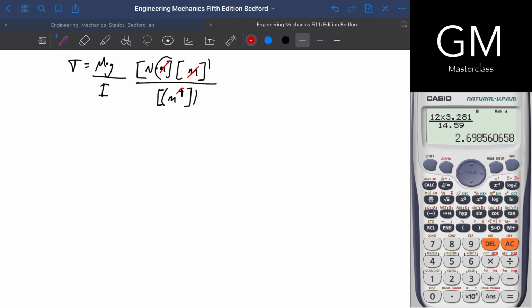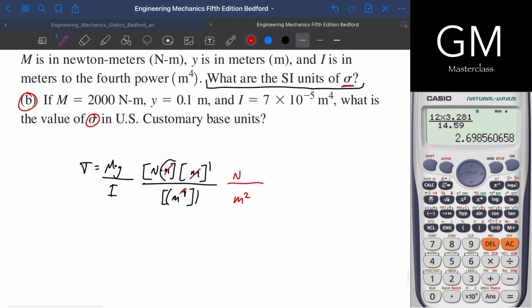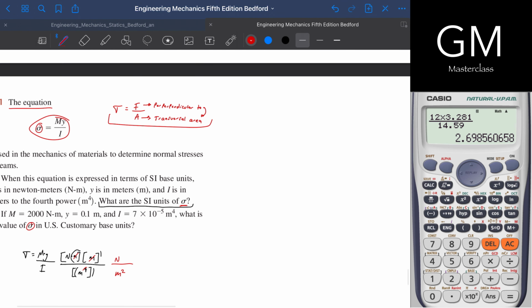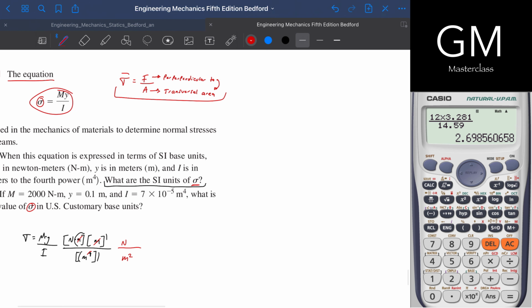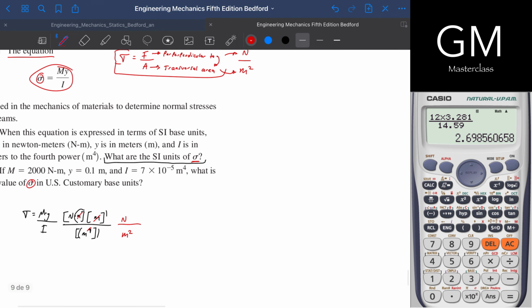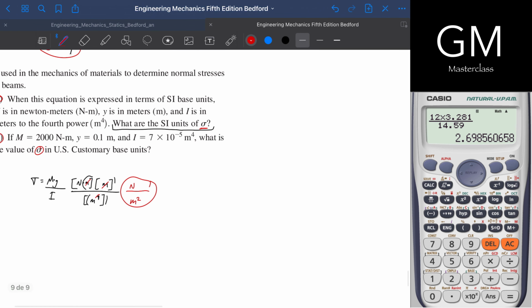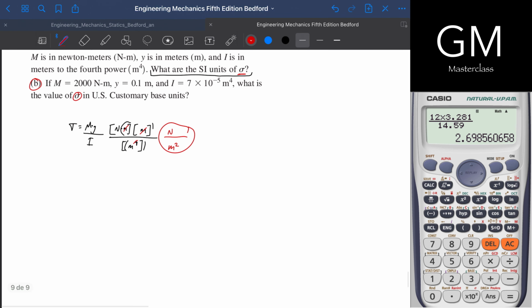So the result will be in newtons divided by square meters. As I just said, sigma is equal to a force divided by an area, and a force in international system units is given in newtons and an area is given in square meters. So this is the final answer for the first part of the exercise.